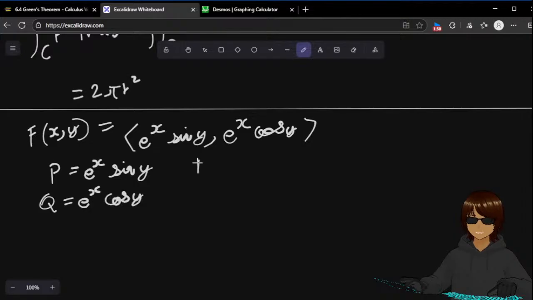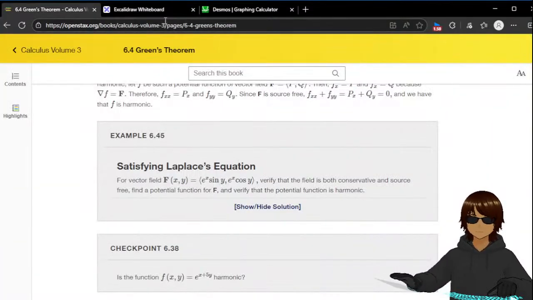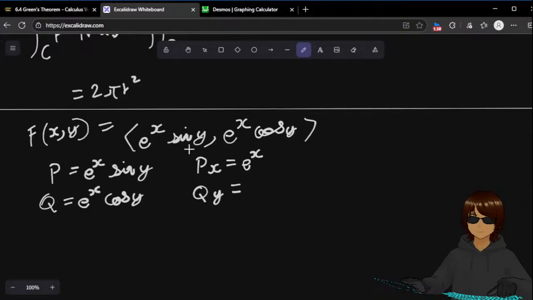And then Px is equal to e to the power of x times sine y, where sine y is treated as a constant. And over here, e to the x is treated as a constant, and then minus sine, since the derivative of cos is minus sine.